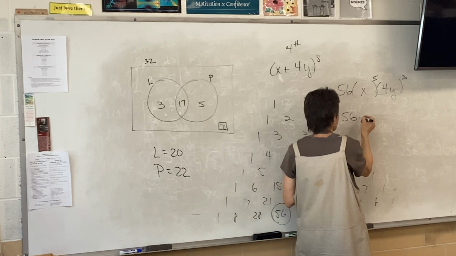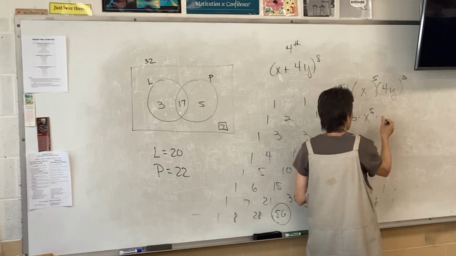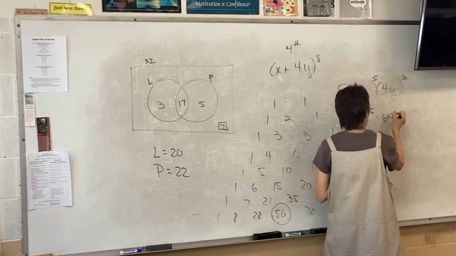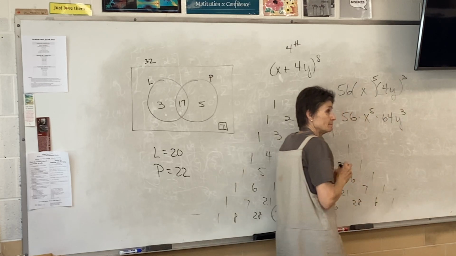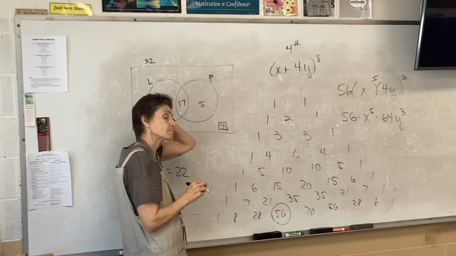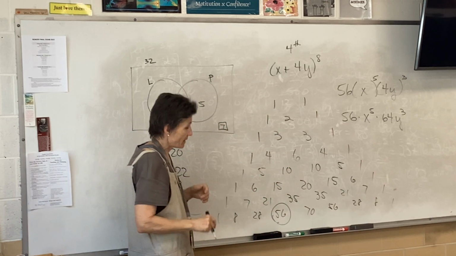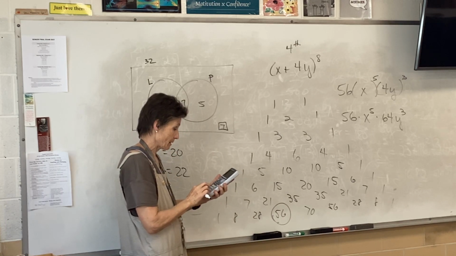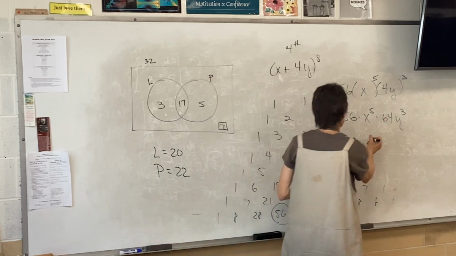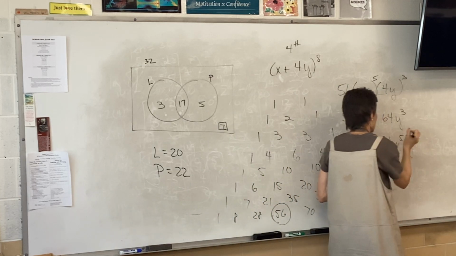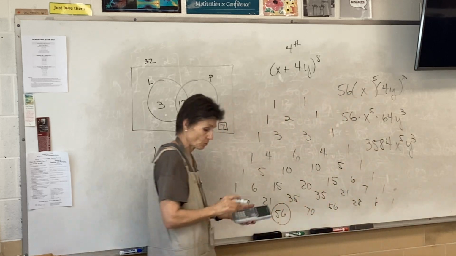So I have a 56 and X to the 5th. Watch it. This is a 64 Y cubed. And then I'm going to multiply 56 times 64. 3584 X to the 5th Y cubed. And that is the answer to the question.